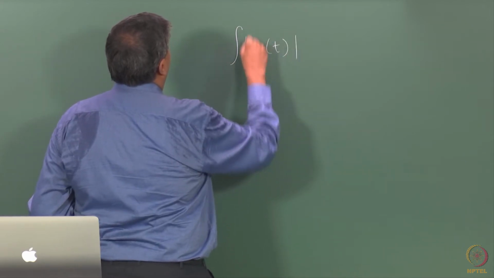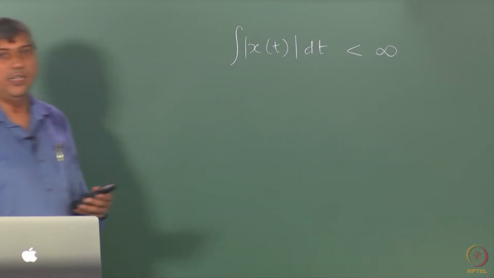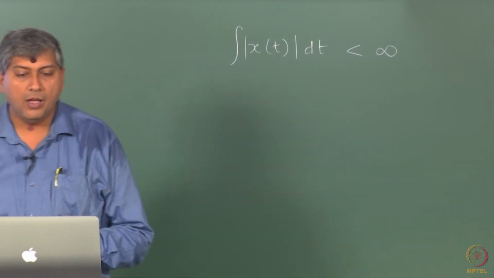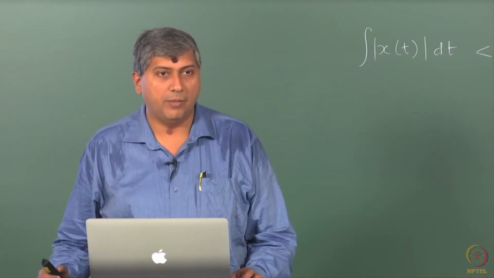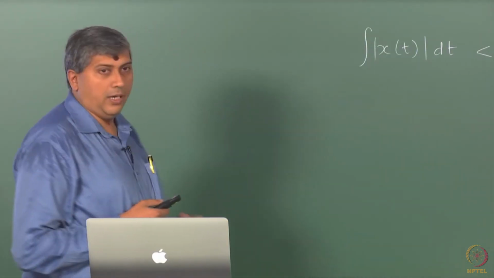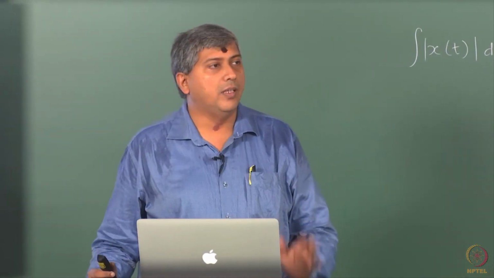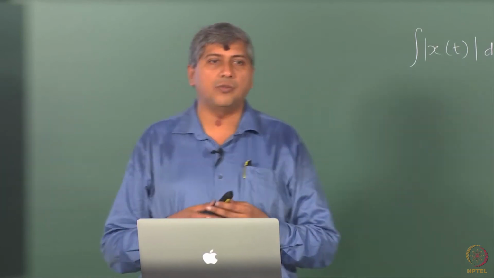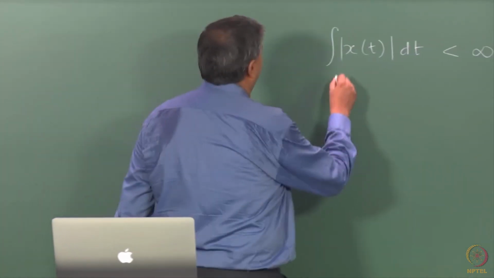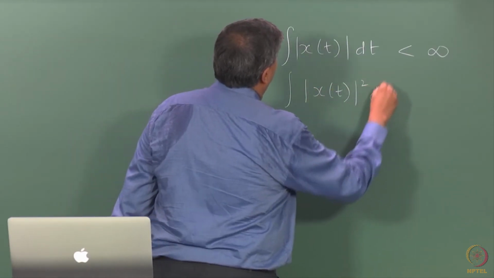We have talked about this before, but in the context of discrete time signals. So, here we are extending the same to continuous time signals. Of course, the integration runs from minus infinity to infinity. This is a necessary and sufficient condition. A slightly weaker condition for the existence of the Fourier transform is that the signal has finite energy.